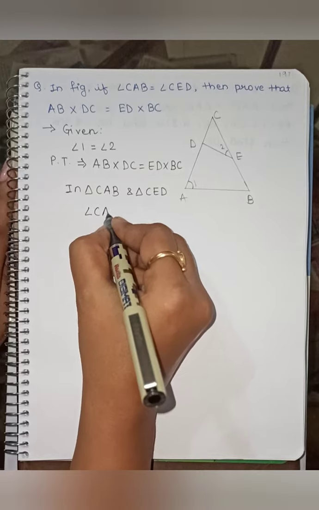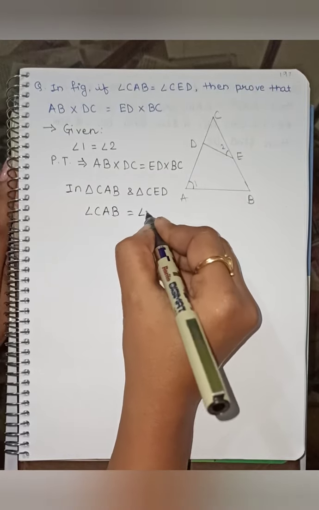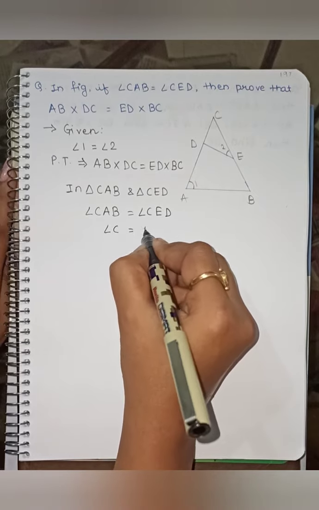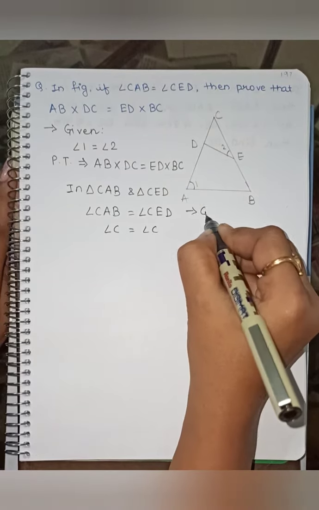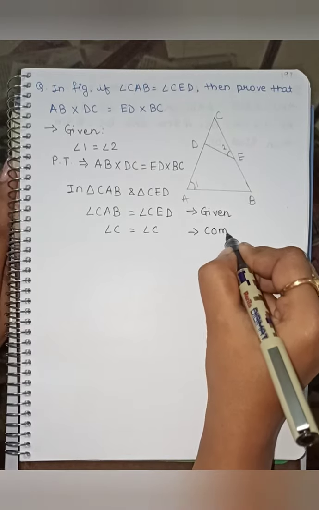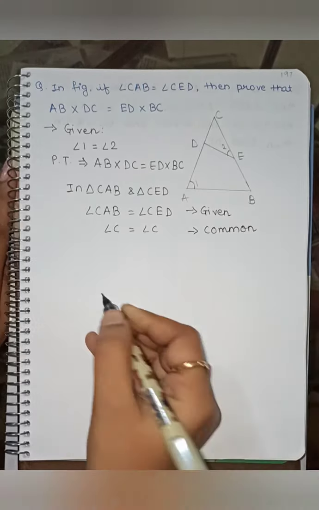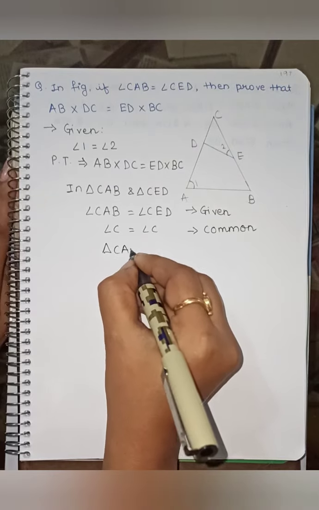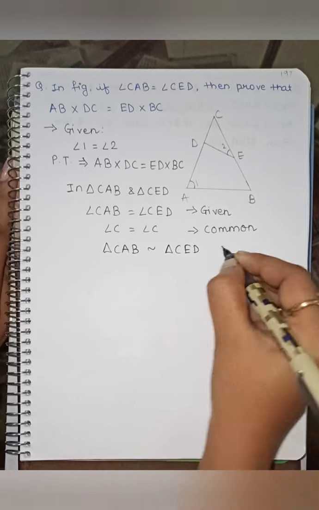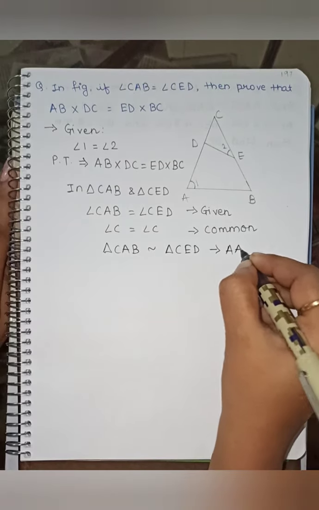So angle CAB is equal to angle CED. Further, you can directly write angle C is equal to angle C. Now this is your given, whereas this is your common angle. And hence I can say triangle CAB is similar to triangle CED by AA similarity.